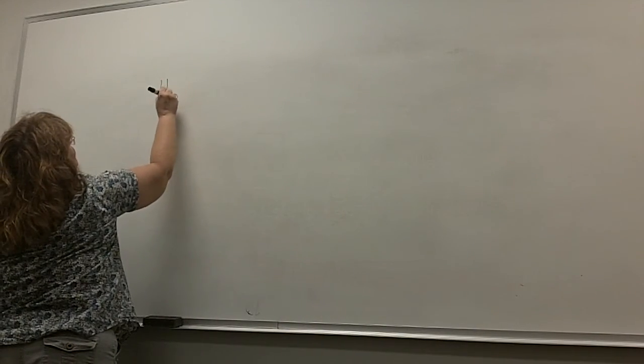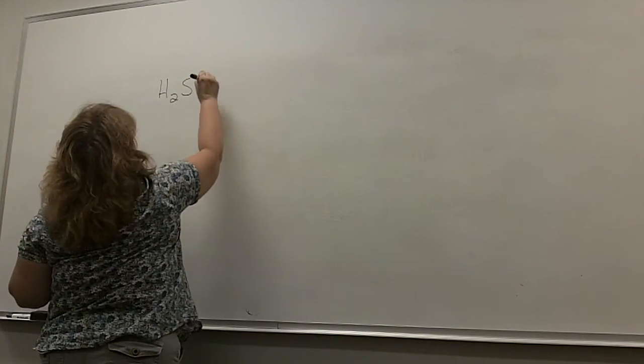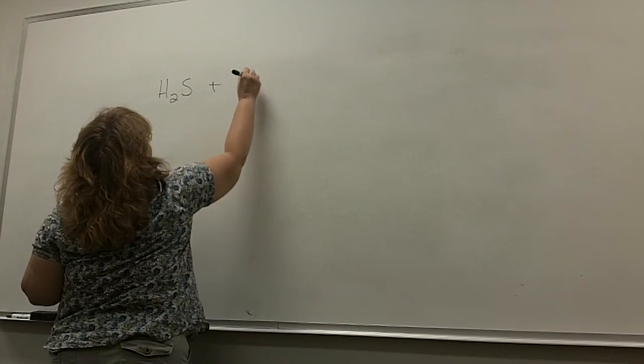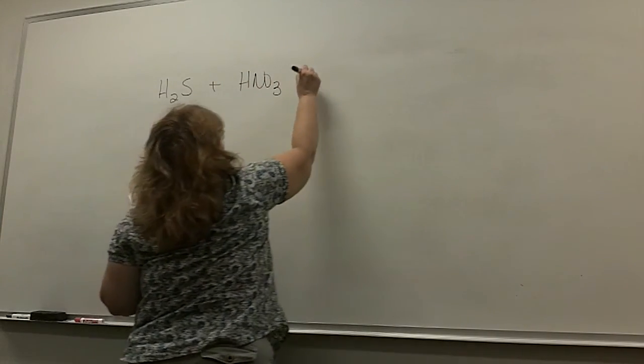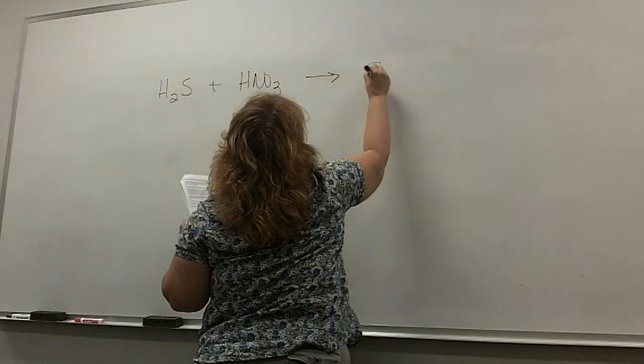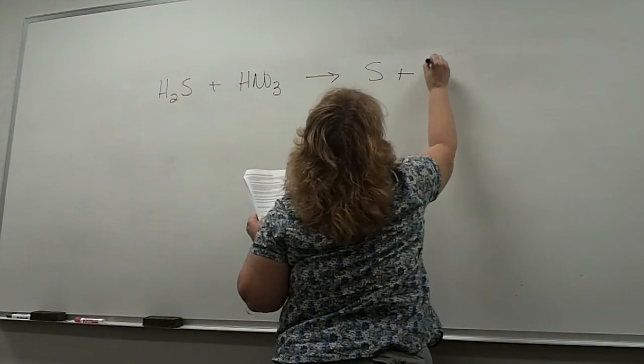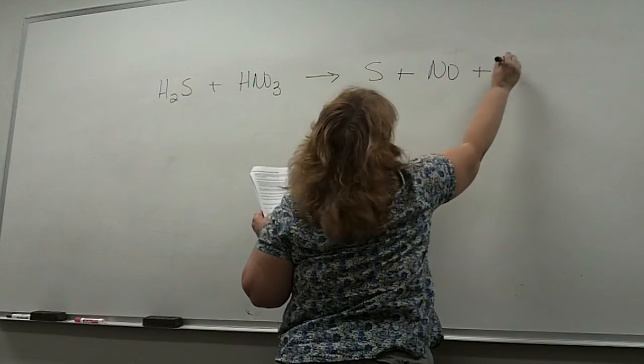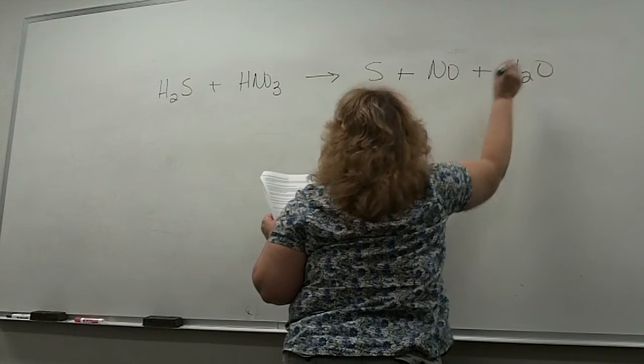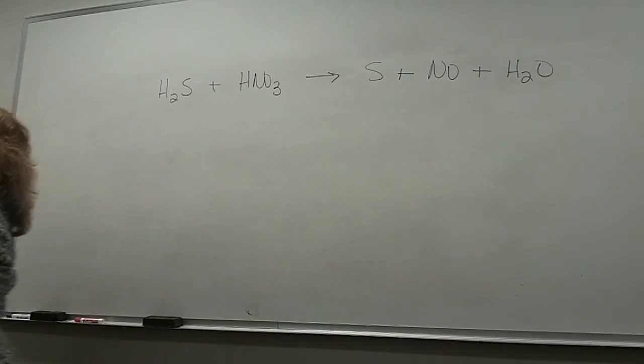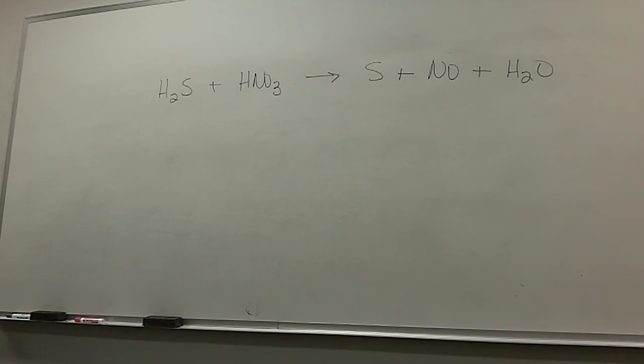So if we've got H2S plus HNO3 yields sulfur plus NO plus water. All right, so now we're going to assign oxidation numbers.